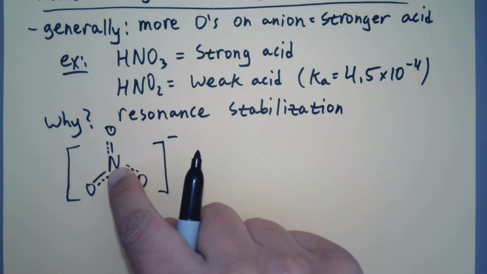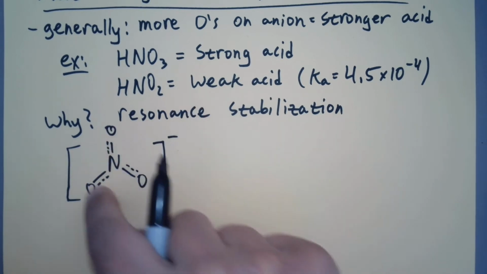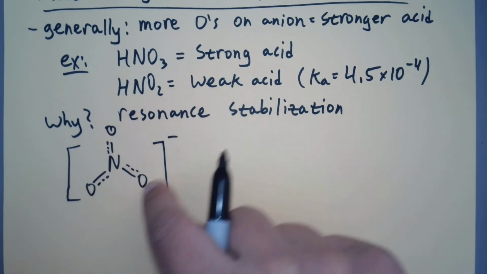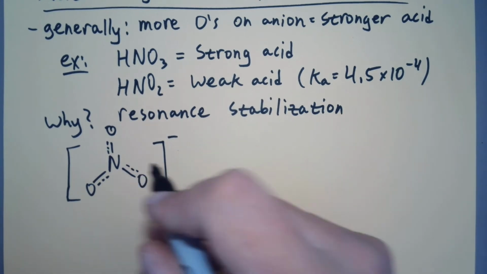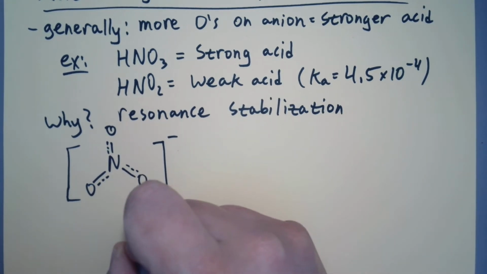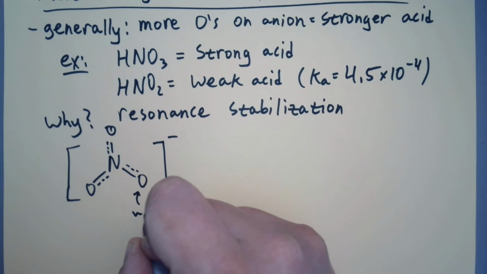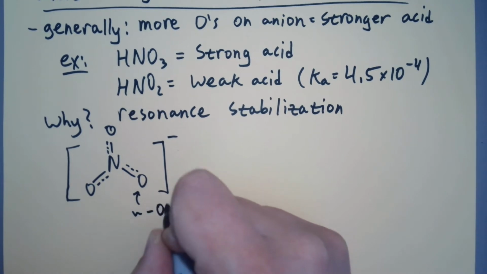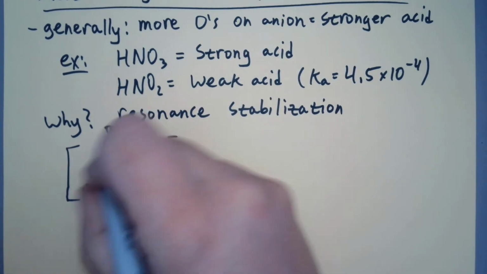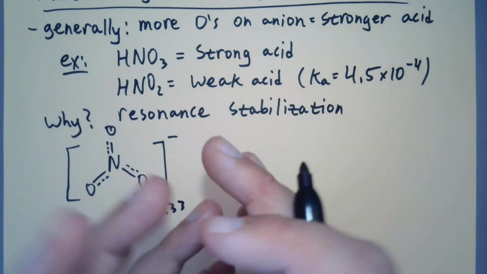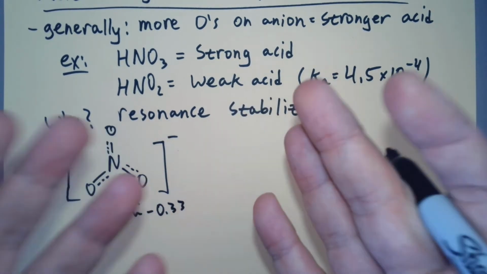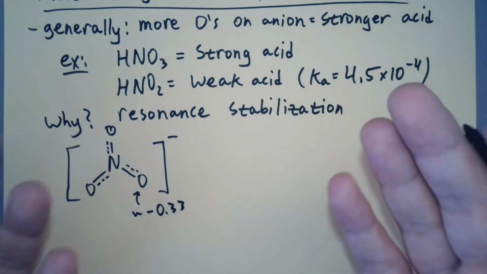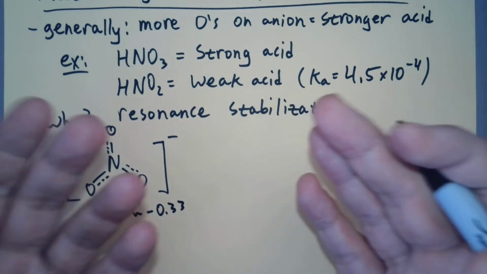And that negative charge, there's a -1 charge being shared. So each of these is about a -0.33. All of the oxygens are like a -0.33. There's a negative charge and they are sharing the load. Everyone's kind of grabbed a corner and they're lifting together. And so it's not as heavy. It's not as big of a deal to handle.